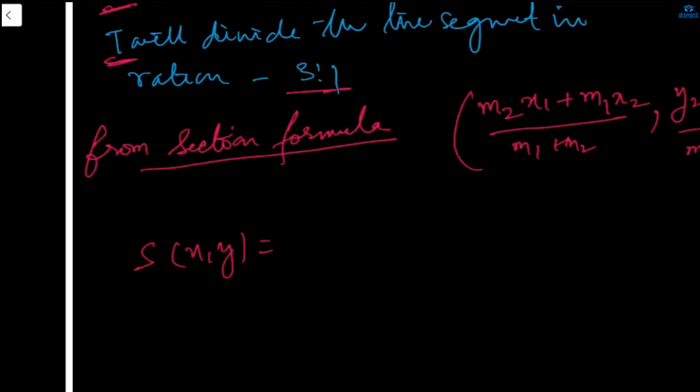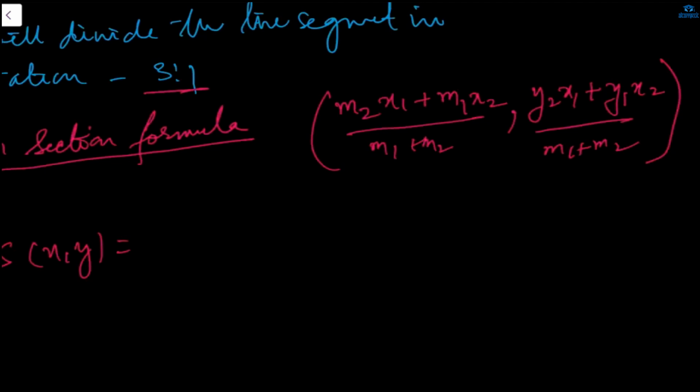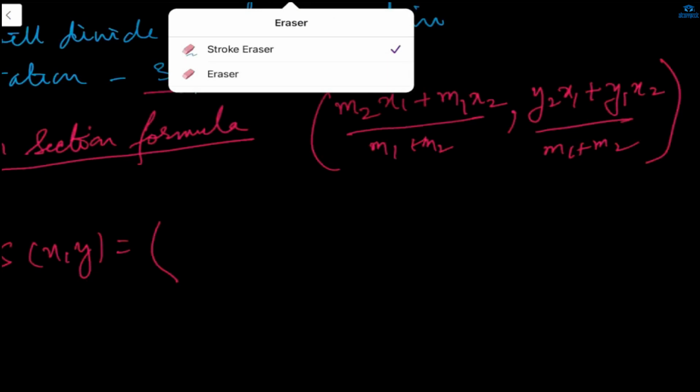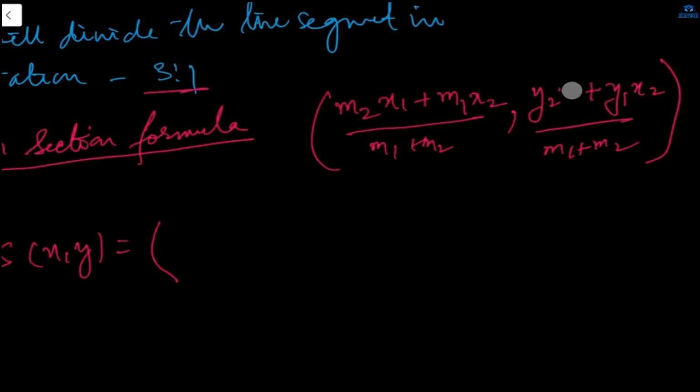Can you show the formula that you have written? Okay, you have to learn this formula. I think you wrote it wrong, the second part of it. Oh, x1 I have written, sorry. It is not x1, it is m1. We are talking about the ratio now. It is m1 and m2.